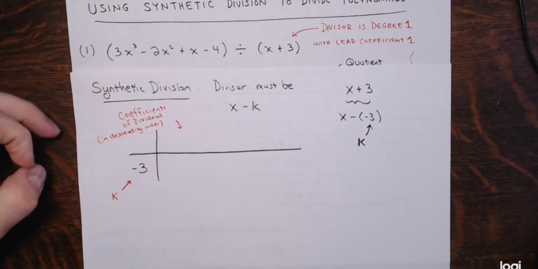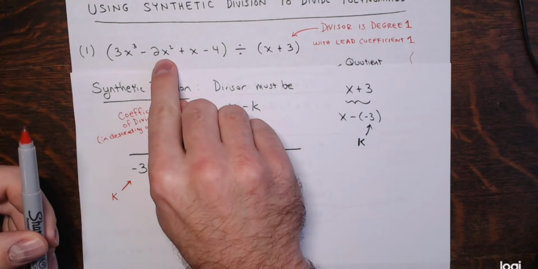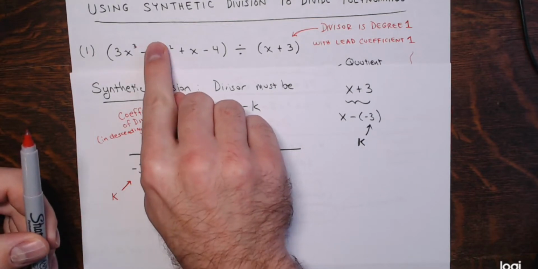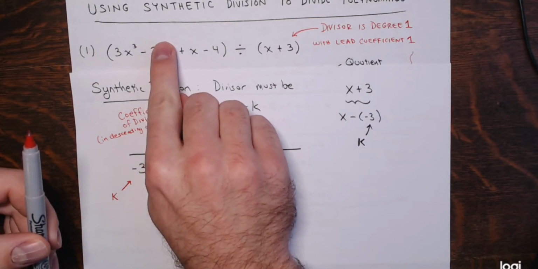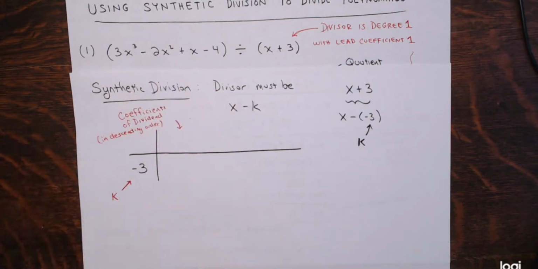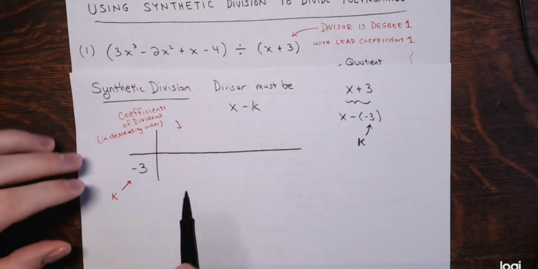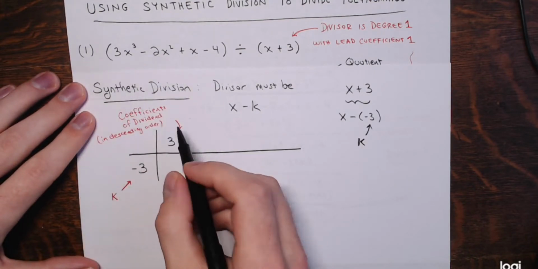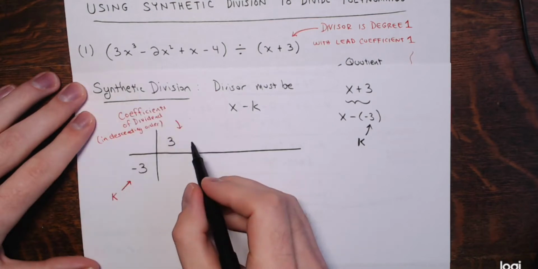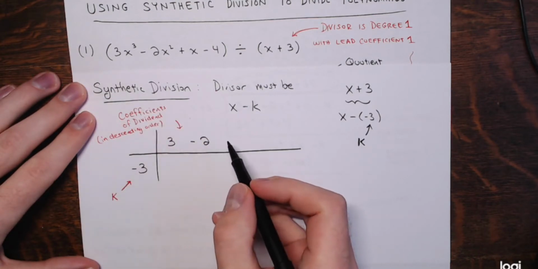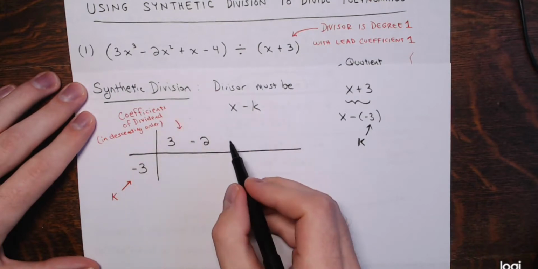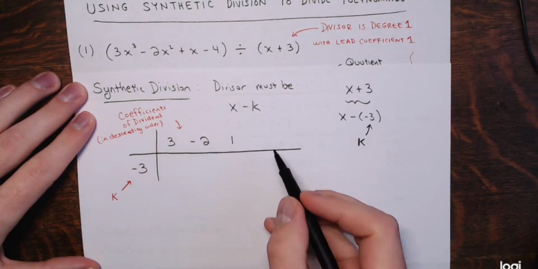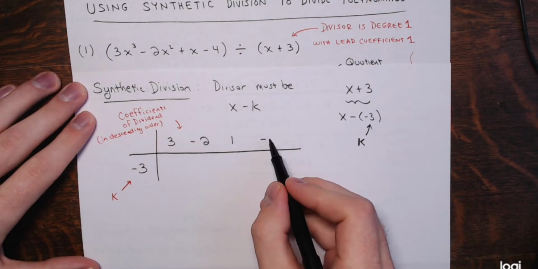You'll see what I mean in some examples coming up. If a power is missing, like if there were no x squared term, I'd still put the number 0 as its coefficient. So the dividend has coefficients of 3 for the x cubed term, negative 2 for the x squared term, positive 1 for the x to the first term, and the constant term is negative 4.